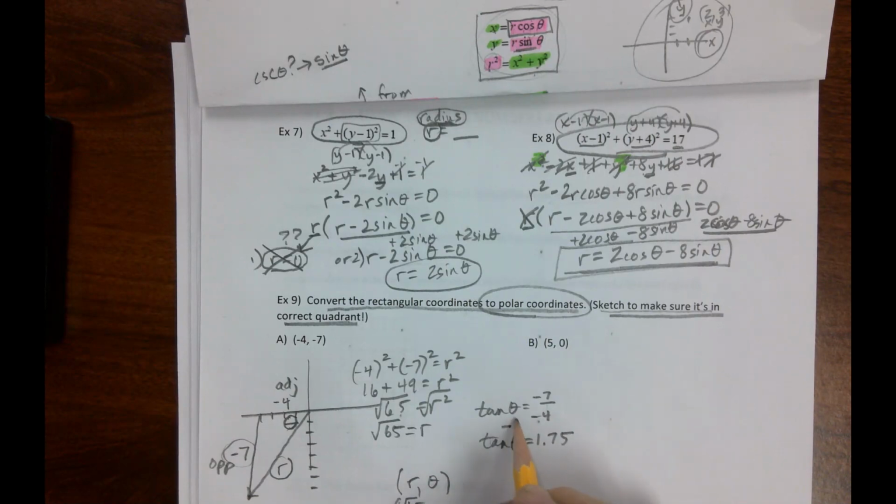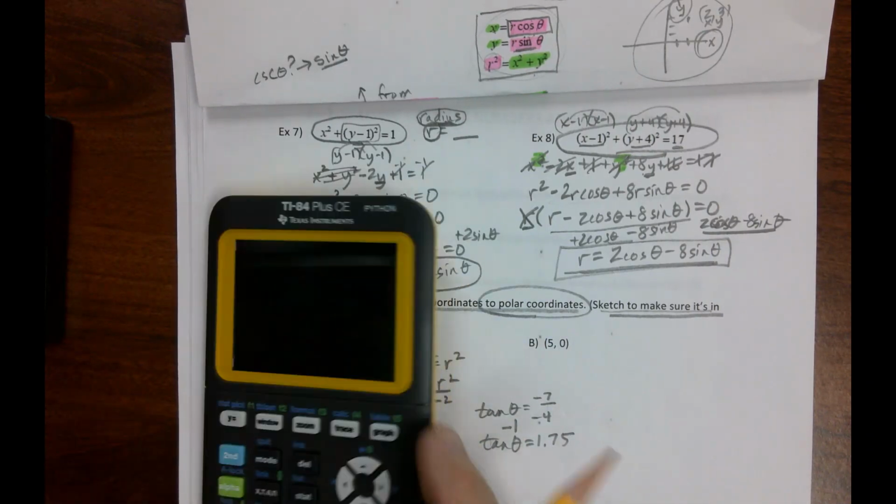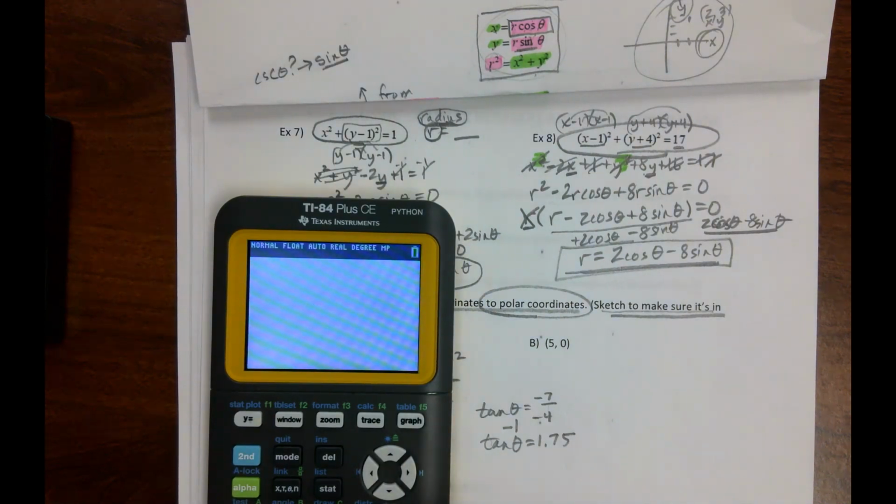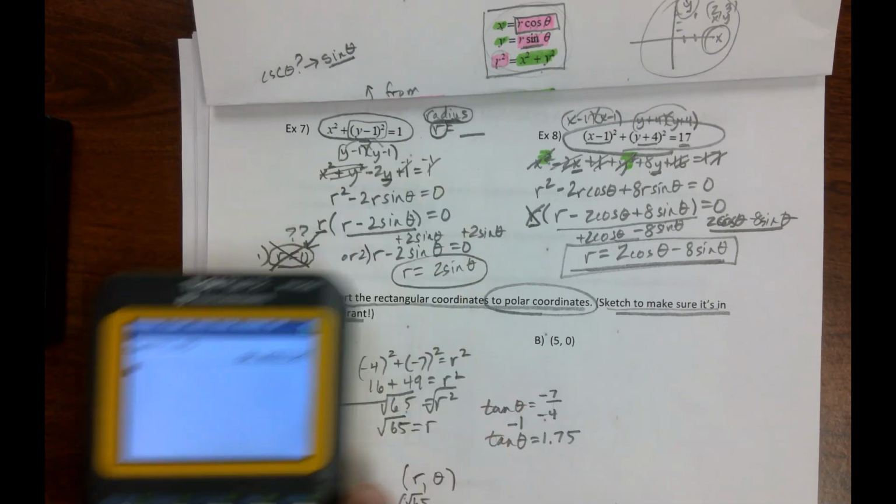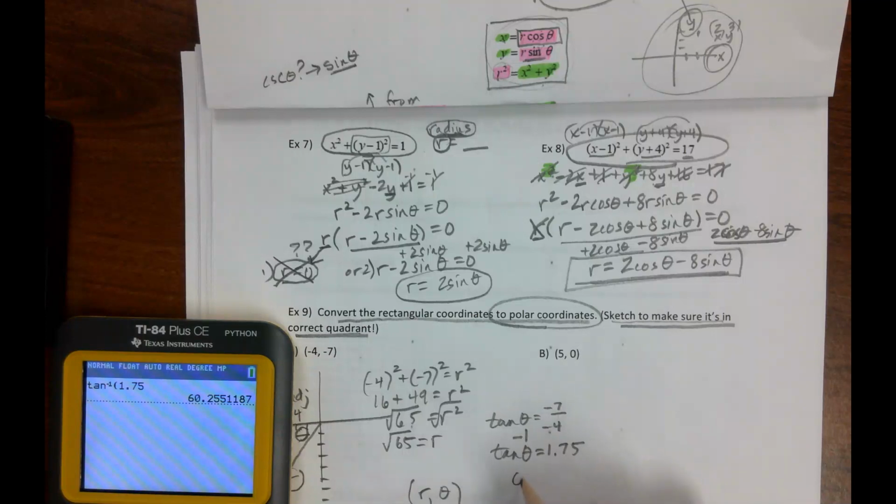But now I got to go second tangent with my calculator. So let's do this. We haven't done this in a while. So second tangent 1.75, and my calculator tells me 60.25. We'll call it 60.3. So this is 60.3 degrees.